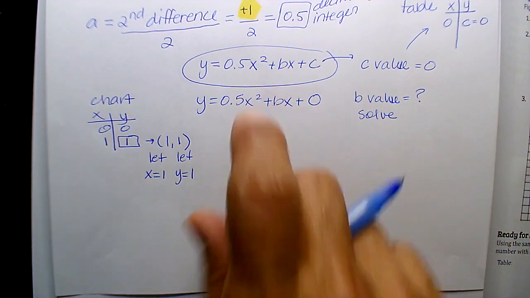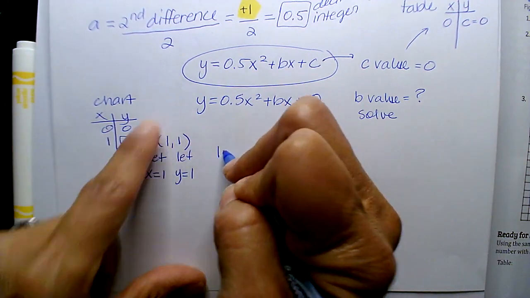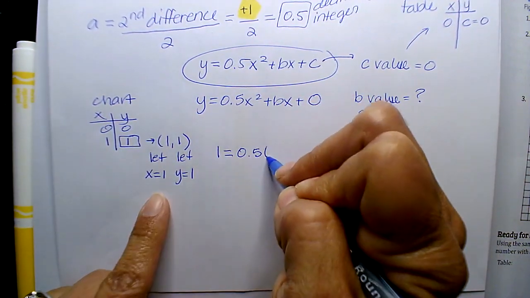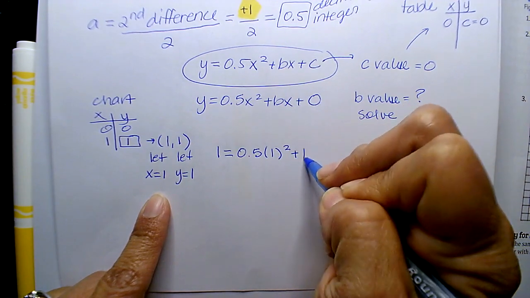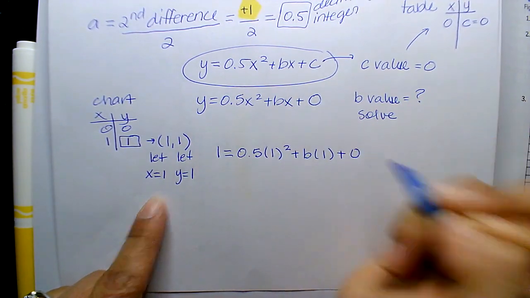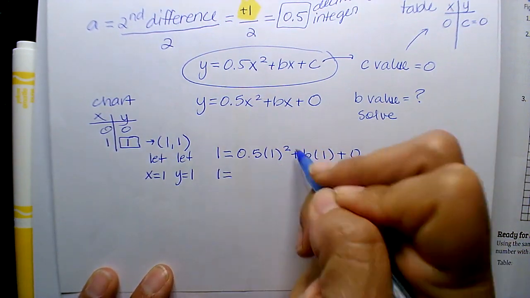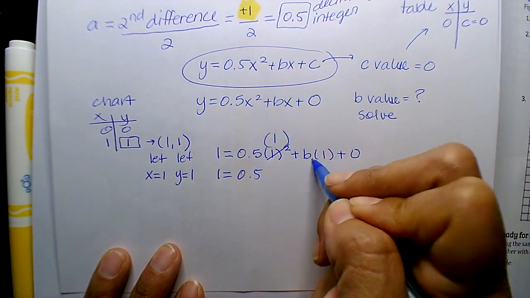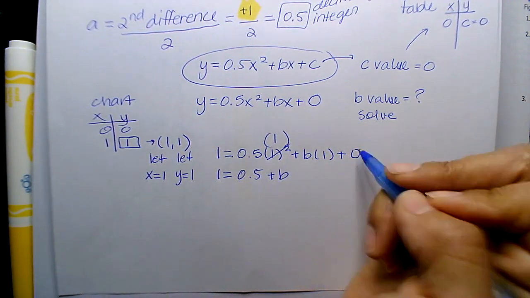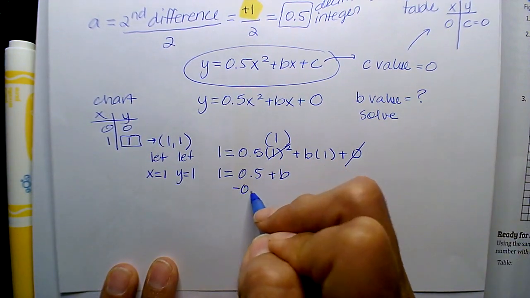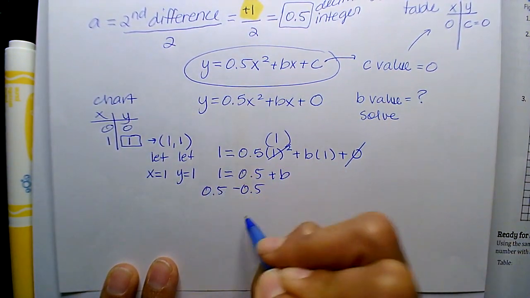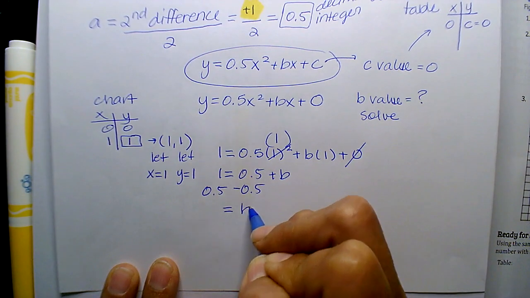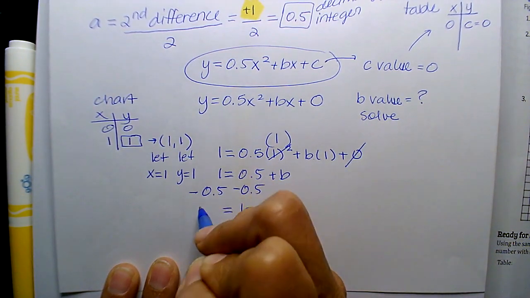So 1 equals 0.5 times 1 squared plus B times 1 plus 0. This is just 1, so 0.5. This is just B, and that's just 0. So subtract, and what do I get for B? Oh, it's minus 0.5.